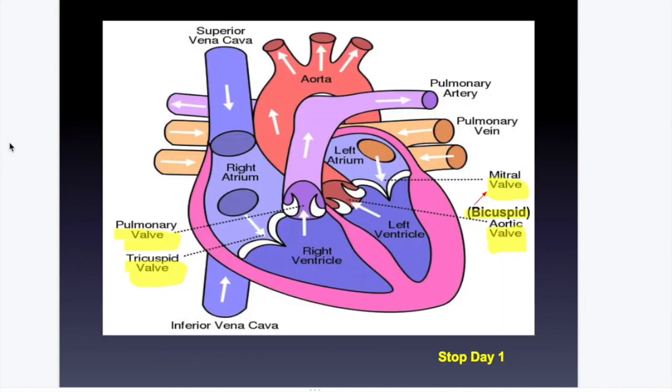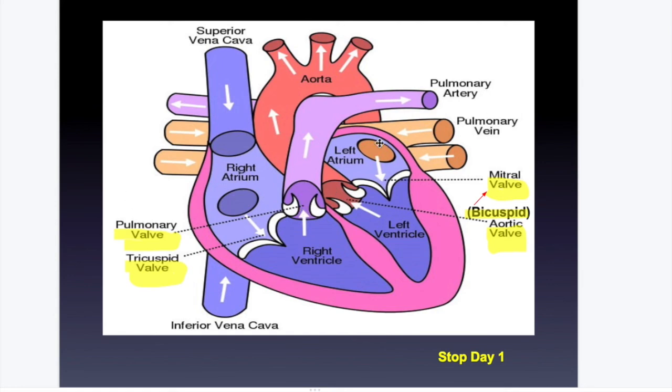Okay, we're going to stop after this diagram here. So this is just to point out where our valves are. Again, you see between the right atrium and the right ventricle, we have this valve right here, the tricuspid valve. Then that blood would go from the right ventricle into the pulmonary trunk and then the pulmonary arteries through the pulmonary valve.